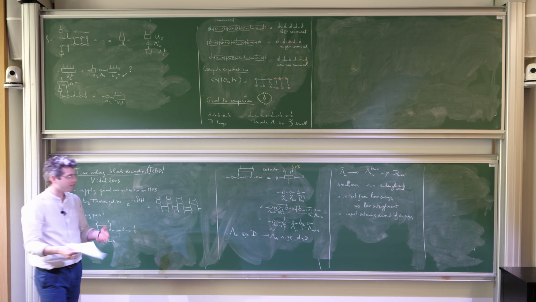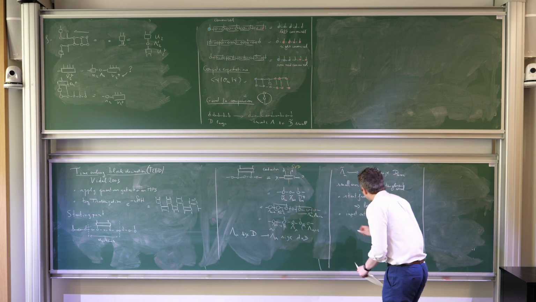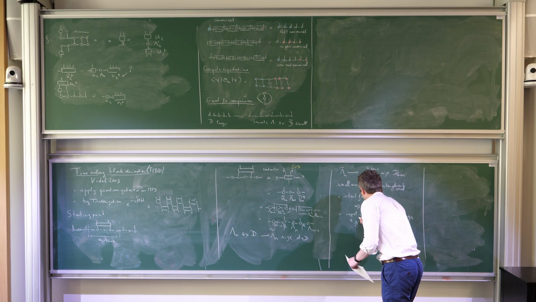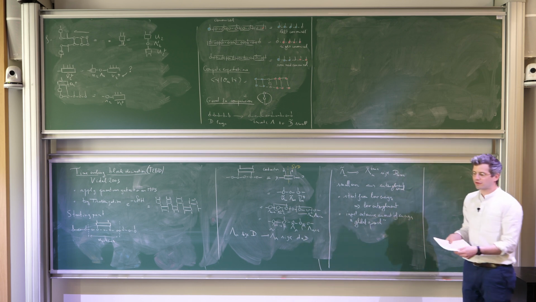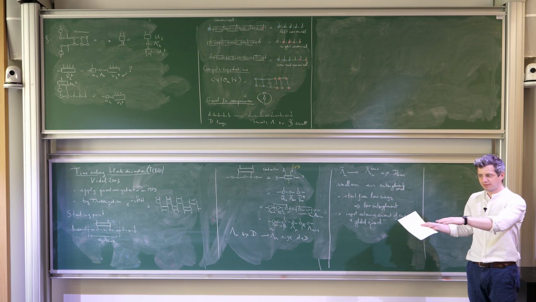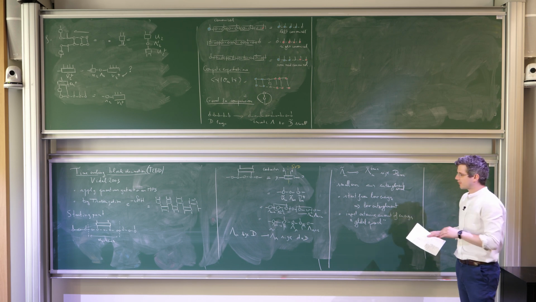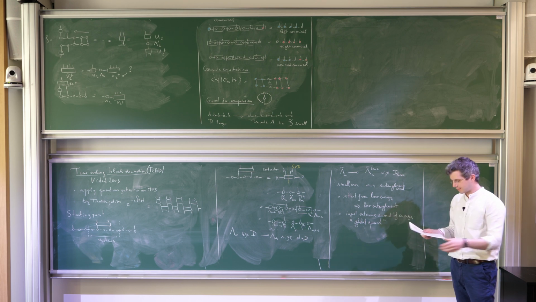You increase the average energy density in your system. Sometimes this is called a global quench. Because one way to do this is you start from a ground state of a certain Hamiltonian, and now you change the Hamiltonian globally for the evolution. You, for example, change the magnetic field in the entirety of your system.